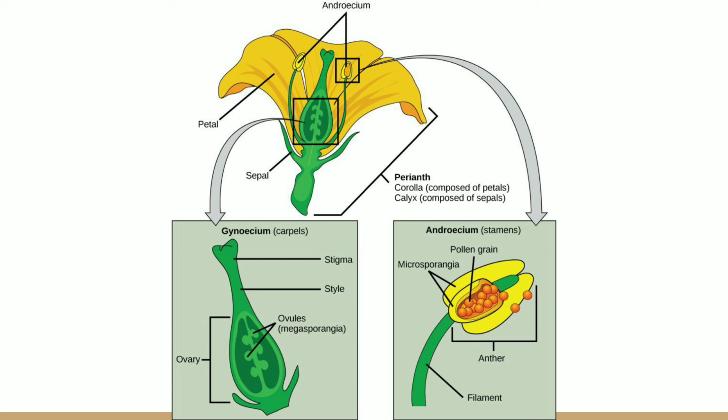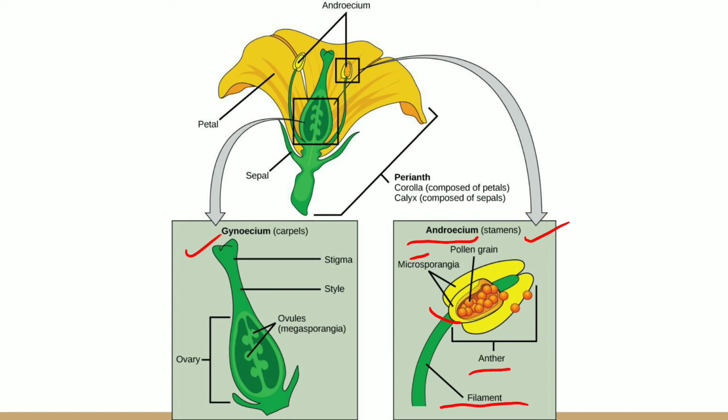So you can see in the diagram androecium, which consists of stamens, further consists of anther, a connective, and filament. Inside the anther, the microsporangia are produced, which will then divide and produce pollen grains.